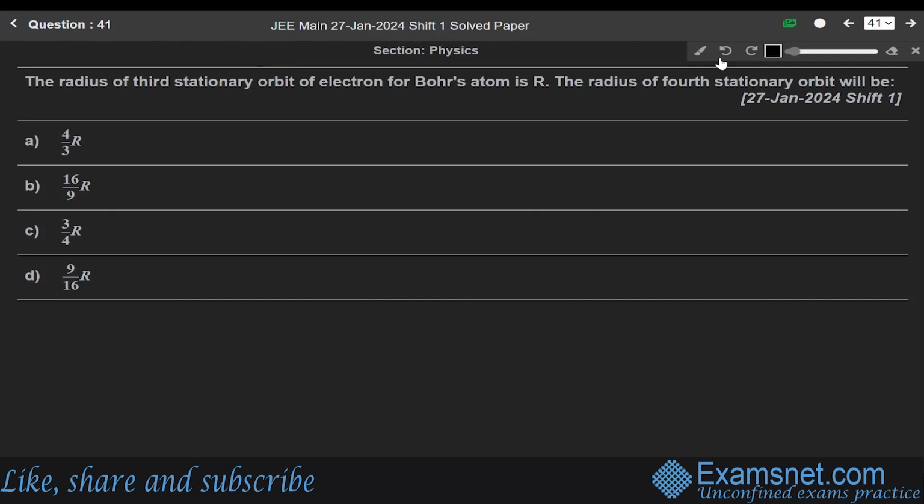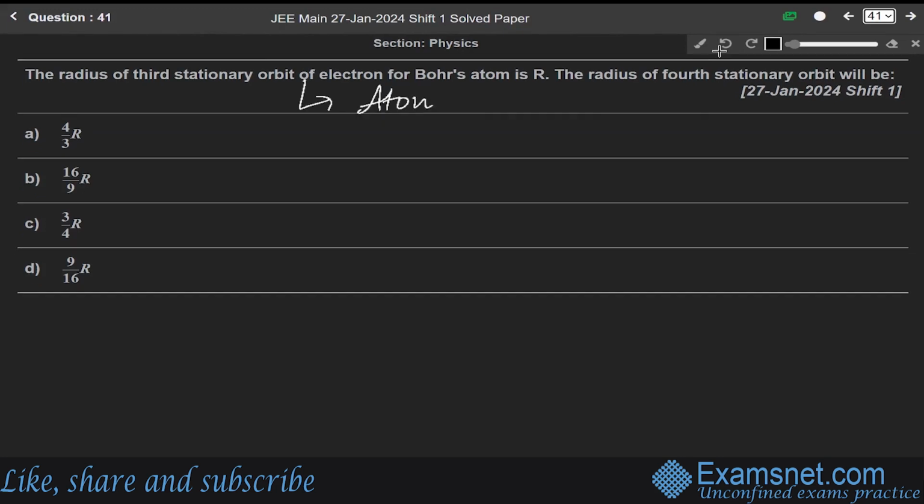Our next question is question number 41. This question says that the radius of the third stationary orbit of an electron for Bohr's atom is r. The radius of the fourth stationary orbit is. This question is from the chapter of atomic and nuclear physics, a modern physics chapter question.